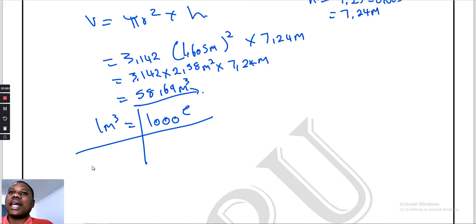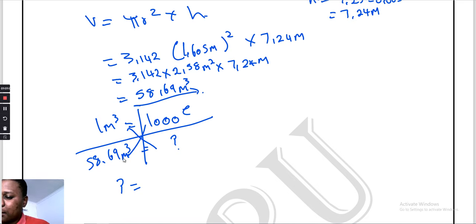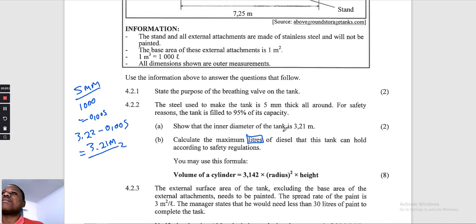Therefore we have 58.69 cubic meters, which is equal to a question mark, then we cross multiply, so the question mark is equal to this multiplied by 1000, and that means the tank can hold 58,690 liters.